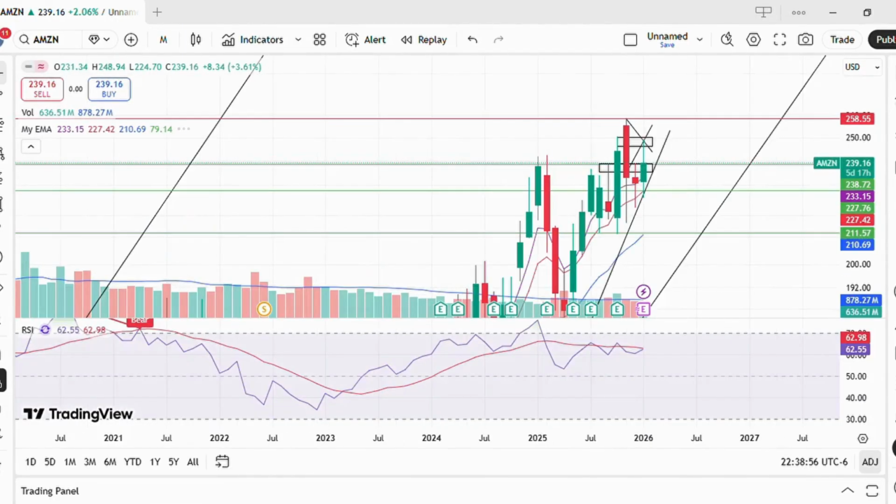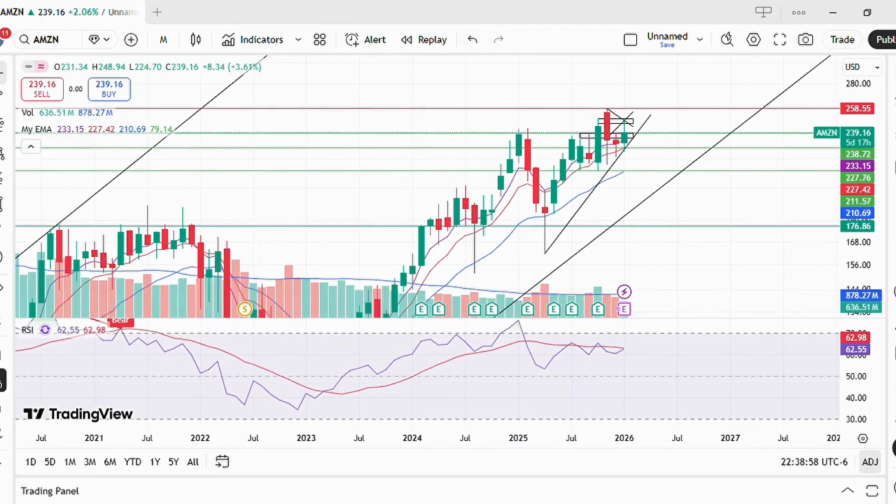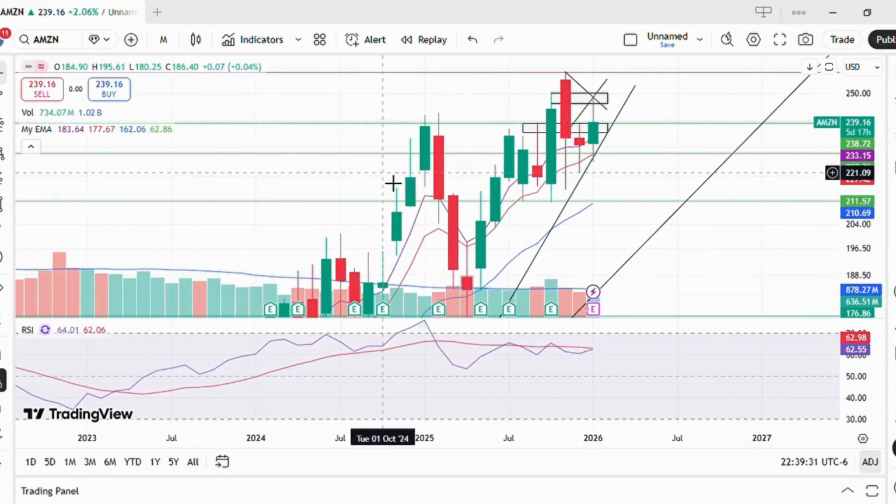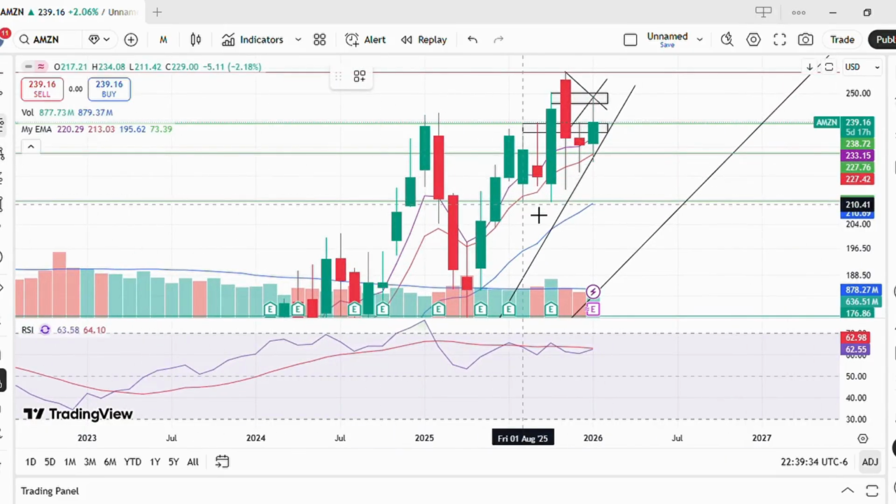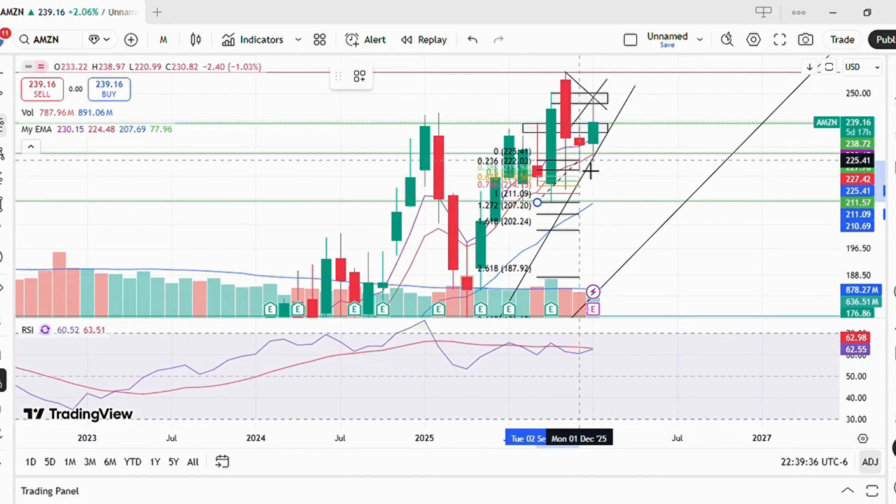Looking at the monthly time frame, it saw a breakout in the first week of October, breaking out this resistance 238 level, and after that, for the last 3 months, we are just consolidating, but we did not close below that breakout candle or below the 50% of that breakout candle.